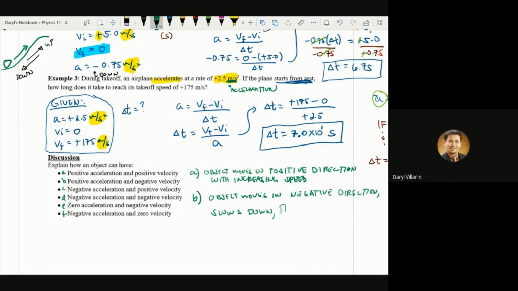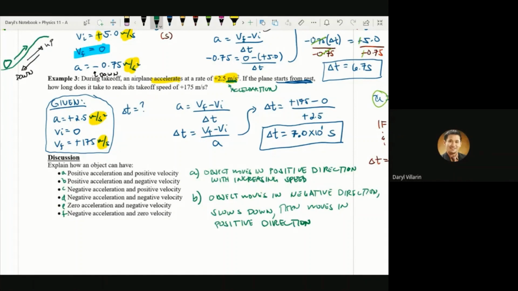Then you can see in that particular case that it then moves in the positive direction. Your answer could be different, but in essence, the thought should be the same as this one. So negative velocity, positive acceleration.